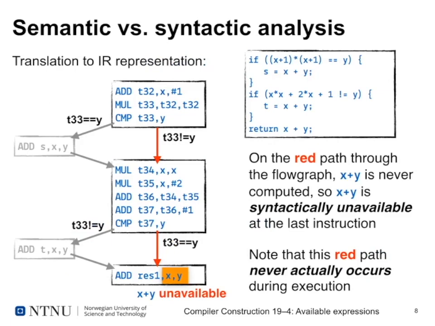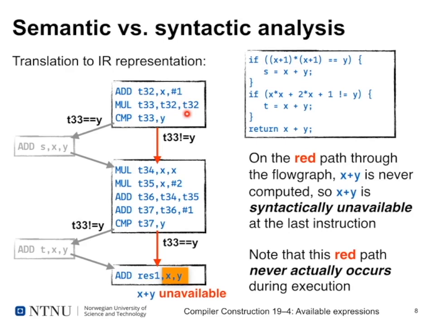Now, we can also have a closer look at this when going one level deeper. So we're lowering this to an intermediate representation. What we do here is, in the first block of statements, in our first basic block, we just check our expression. So x plus 1, let's say we have x, we have 1, and we store in t32.